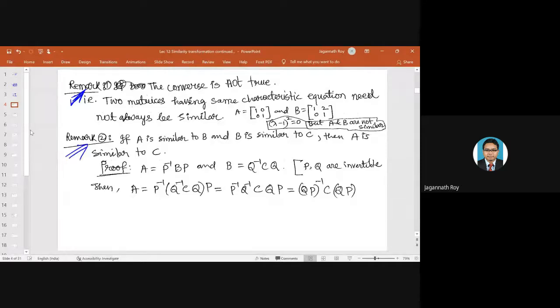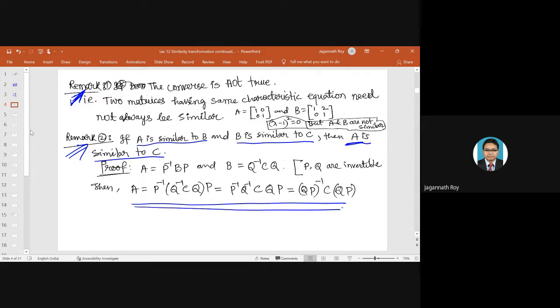Now there is another remark which says that if A is similar to B and B is similar to some other matrix C, then A is similar to C. That's a very easy calculation. You can just combine this. So that's one recall.